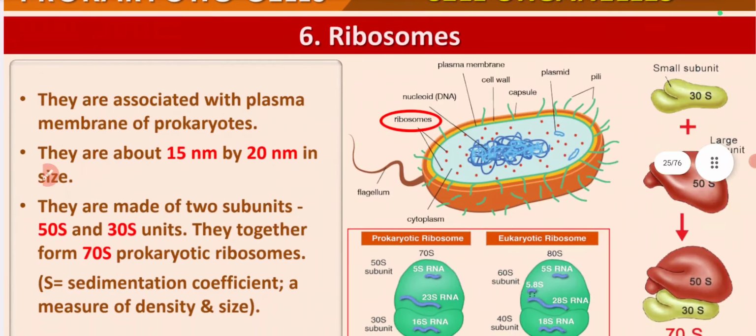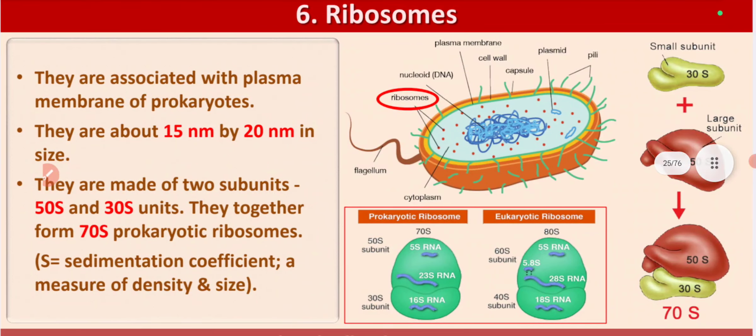Next is ribosome. They are associated with the plasma membrane of prokaryotes. They are about 15 nanometer by 20 nanometer in size. They are made up of two subunits. The prokaryotic ribosome is made up of two subunits, 50S and 30S.